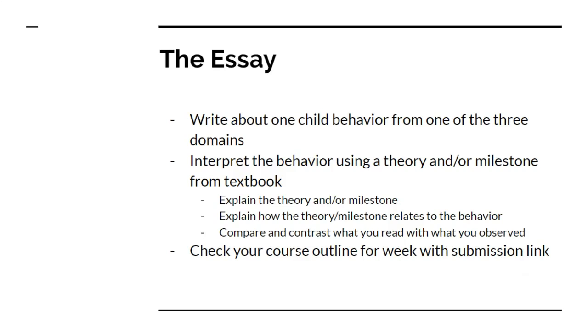So you may do your observation across a diverse, rich, culturally rich city of Chicago, and the child that you observe might not necessarily be a white middle-class child. So are there any differences between what you read and what you saw? I'm just giving you a racial and ethnic example, but there could be differences across socioeconomic status, or any other thing.